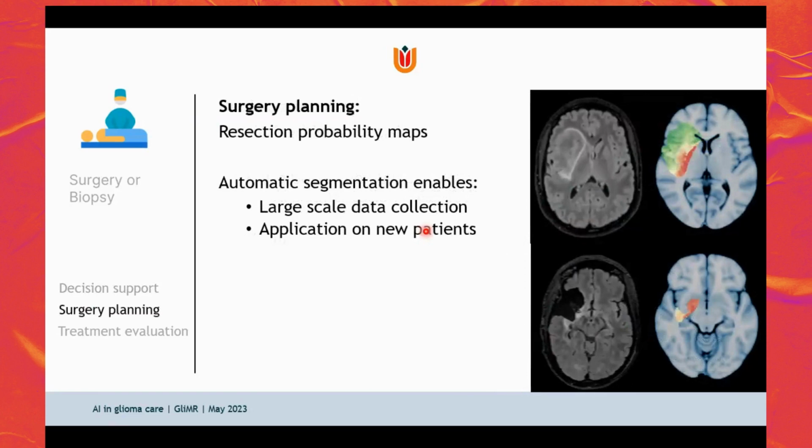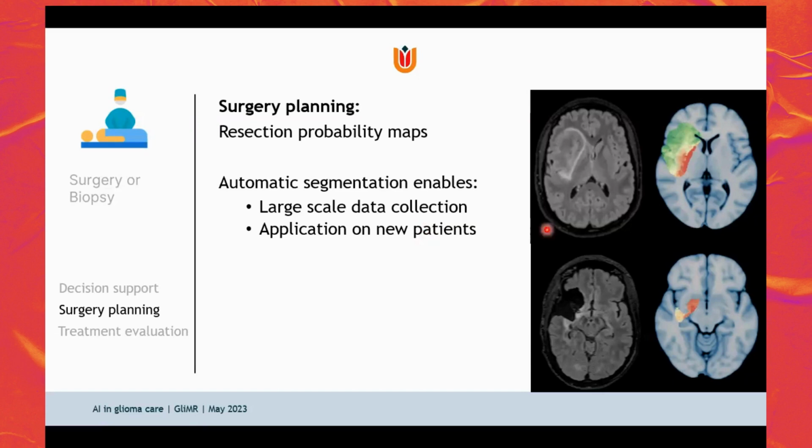Another application that's enabled by automatic segmentations is the creation of resection probability maps. Thanks to having these automatic segmentations, we're able to include far larger cohorts in the data set, and we're able to apply it to new patients without having to first delineate the new scan.